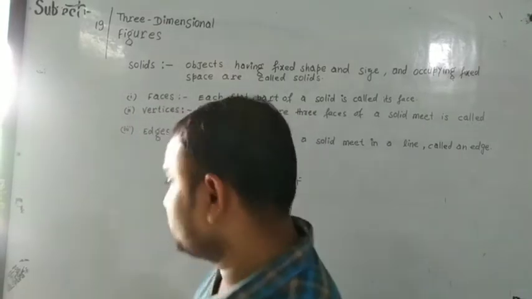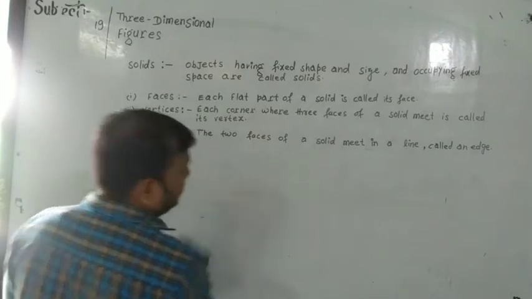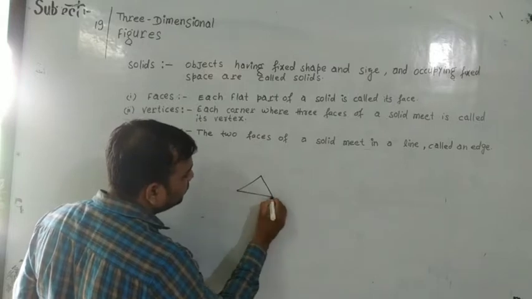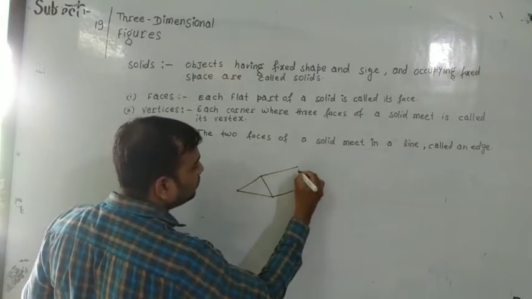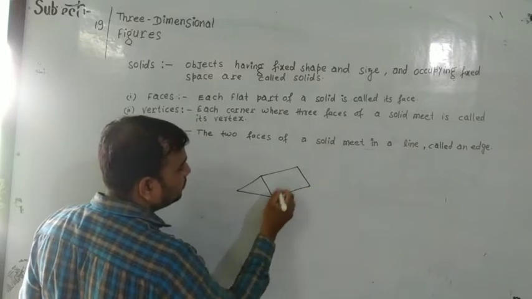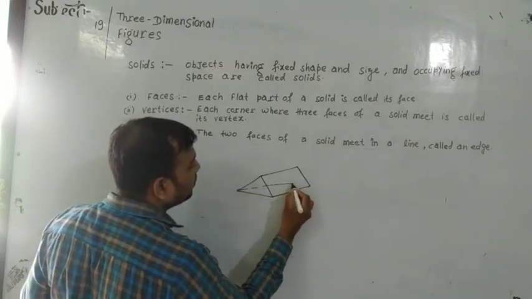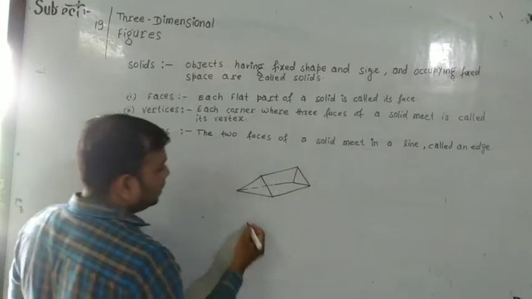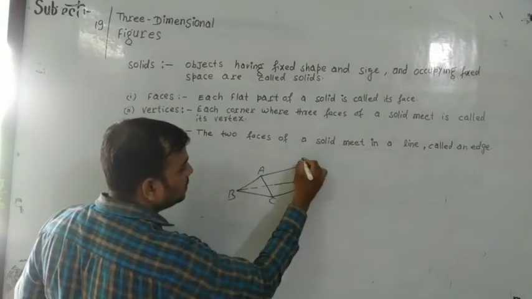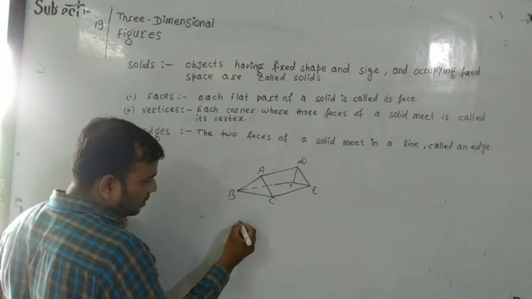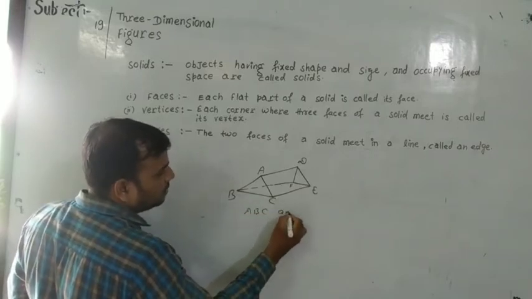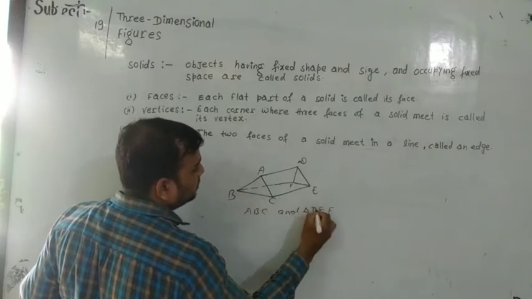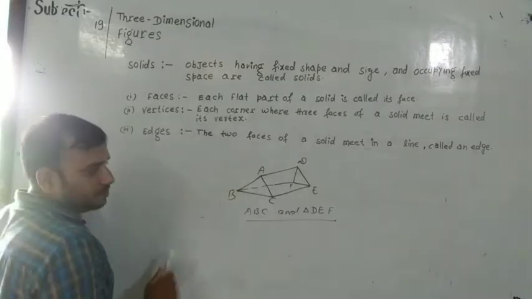Now dear students, I draw a prism. Here A, B, C, D, E and F. Now A, B, C and D, E, F are two triangles present in the prism.